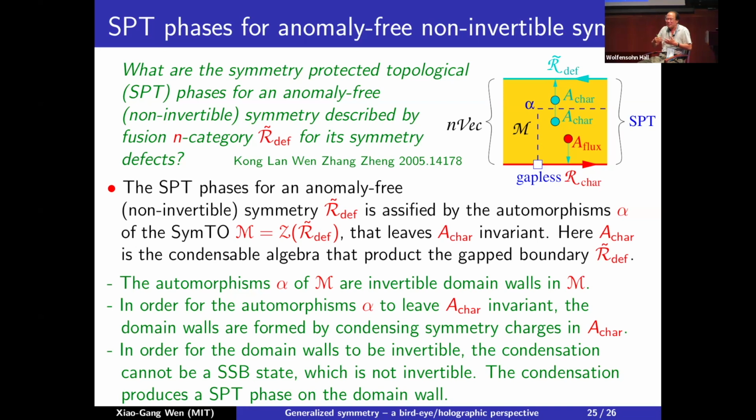However, for an anomalous symmetry, we don't have a symmetric product state as a trivial SPT. So the meaning of SPT may be slightly different. We have a notion that two states differ by an SPT, and I think that notion can probably be defined. Yeah, I think these are my last slides. This holographic picture is, I feel, a very useful way to look at a lot of things we knew before.